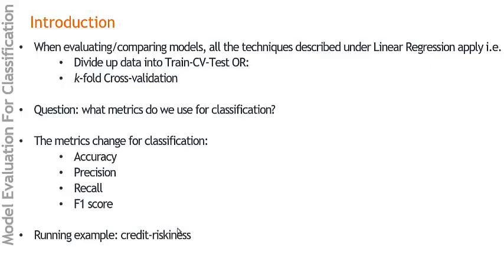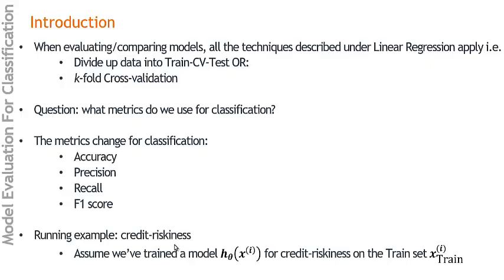And we'll use our credit riskiness example. Remember, credit risk, we're deciding whether or not a person is a high credit risk depending on two different factors. So assume that we've trained a model for credit riskiness, and we want to evaluate that model on a test set, which is separate from the training set.